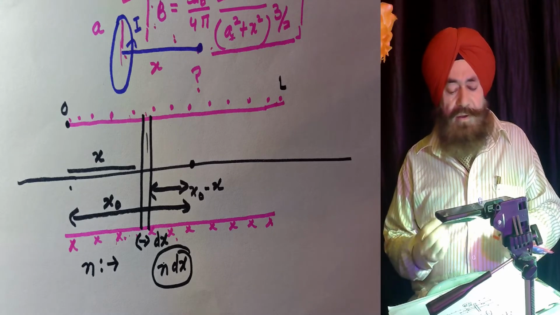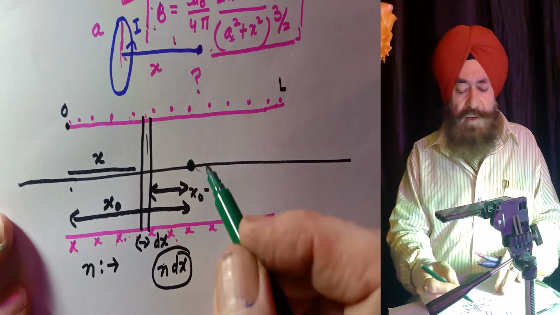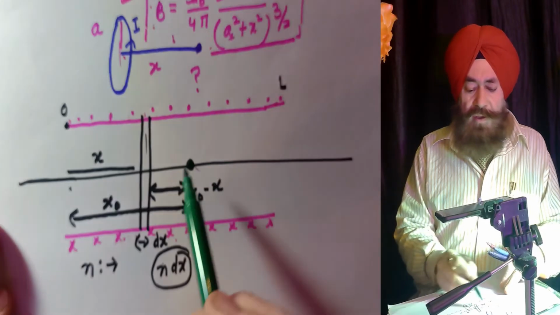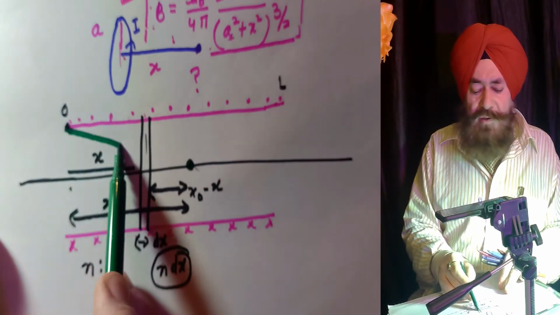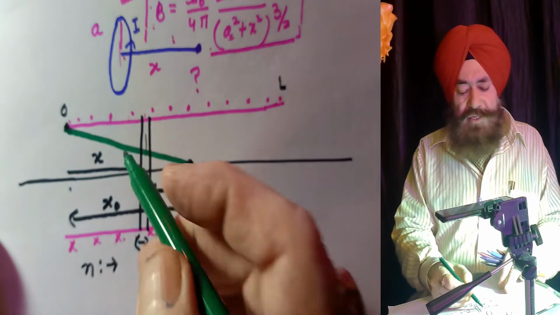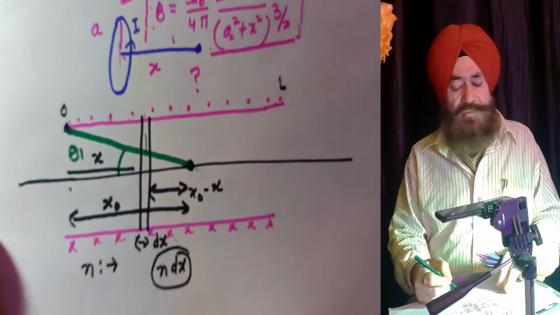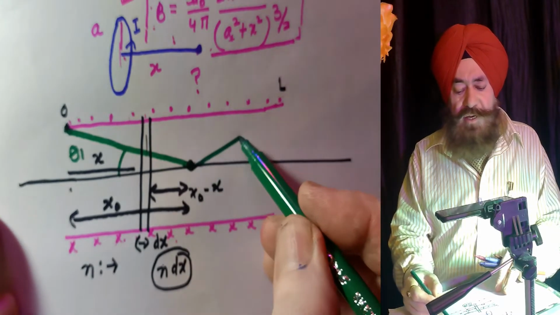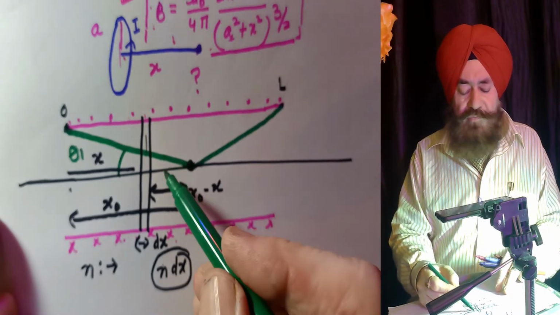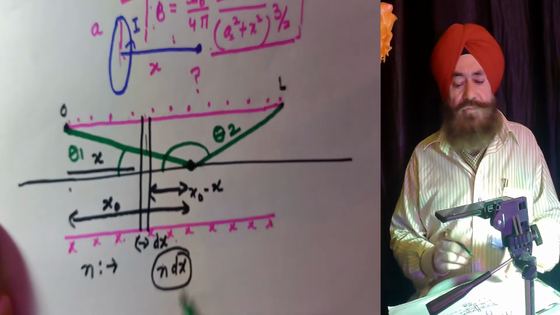Now in terms of angle, this is the observation point, and this is one end of the solenoid. Let this angle be theta 1. And this is the other end of the solenoid, and this angle is theta 2.